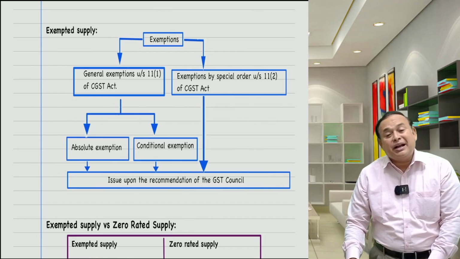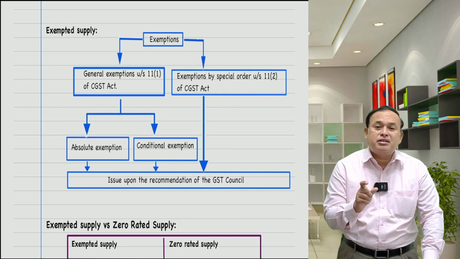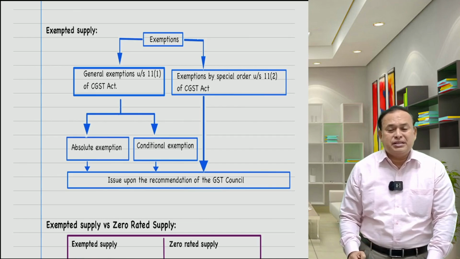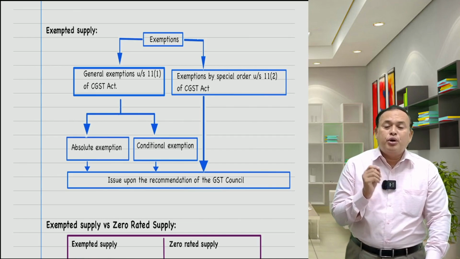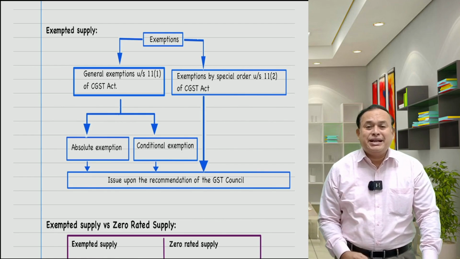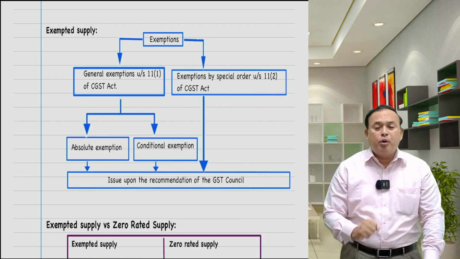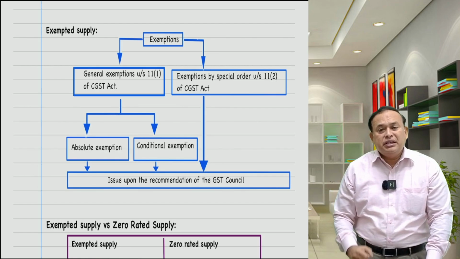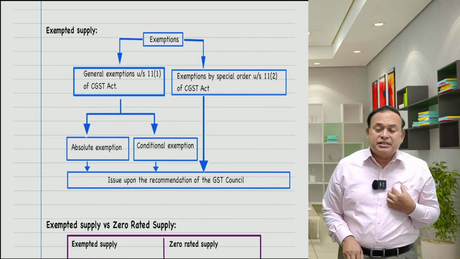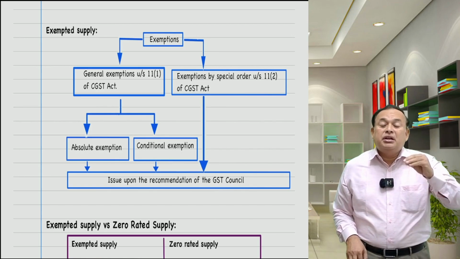Then coming to the conditional exemption. What type of exemption is a conditional exemption? The best classical example I can say is the composition scheme, where a person being a trader wanting to opt for the composition scheme should satisfy condition number 1. His aggregate turnover in the present financial year should not exceed 1.5 crores.